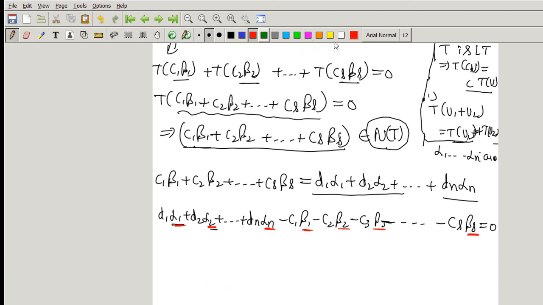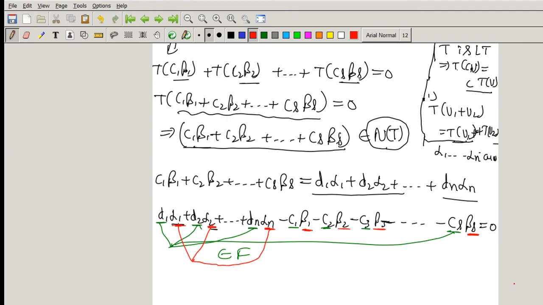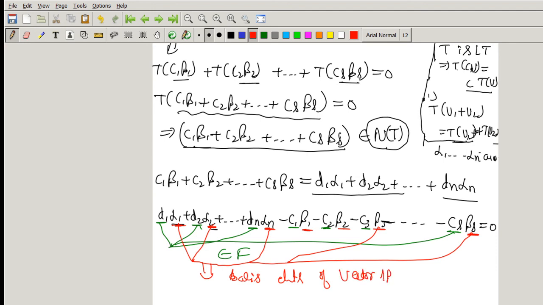And these elements d1, d2, ... and c1, c2, ... up to cs belong to the field, and these are basis elements of the vector space V.